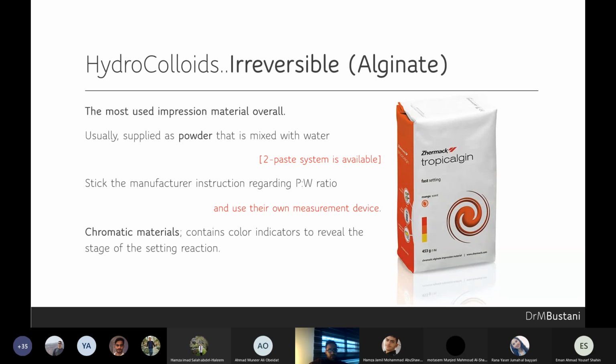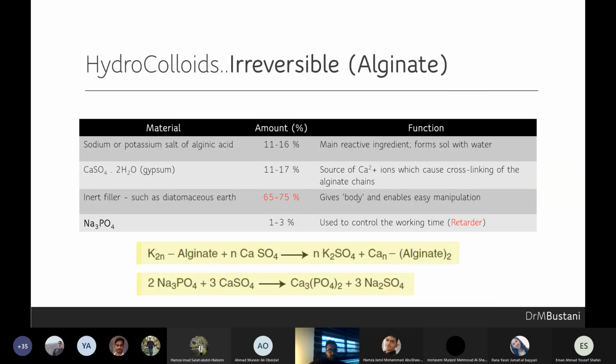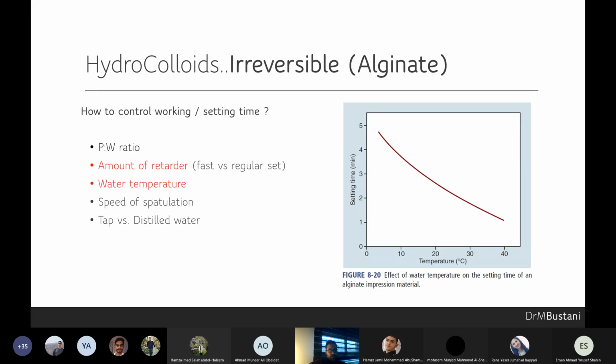You need to shake the bag before scooping out your powder, because the fillers, which are heavier or denser than the other components, will settle at the bottom. So you need to mix it to have a uniform powder. Use the same powder to water ratio as the manufacturer's instructions, and if you want to regulate your working time and setting time, change mainly the water temperature.